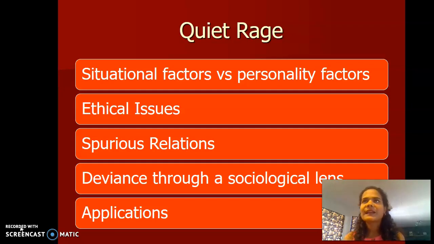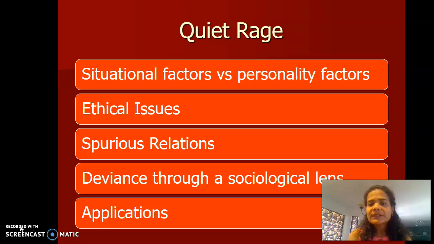Or you could expand that analysis to say that situational factors activate certain aspects of our personality, right? So we find that indeed, given the circumstances, many of us are capable of deviant behavior that we don't usually expect from ourselves.